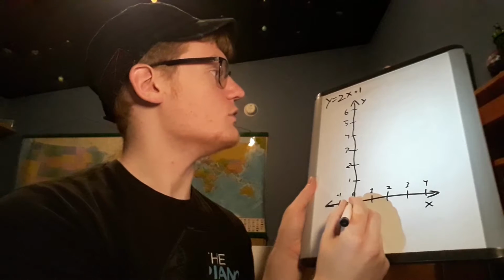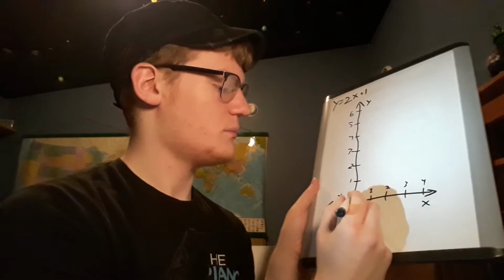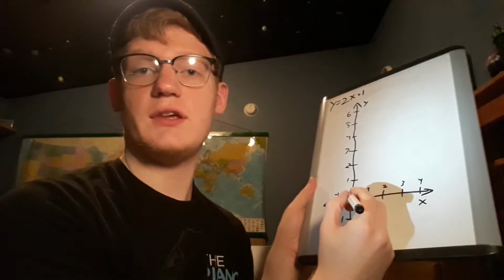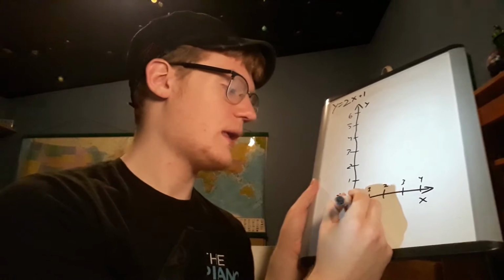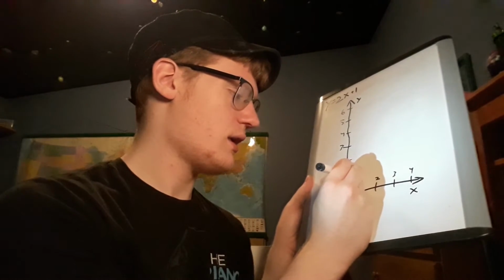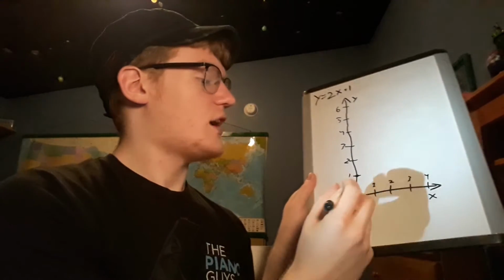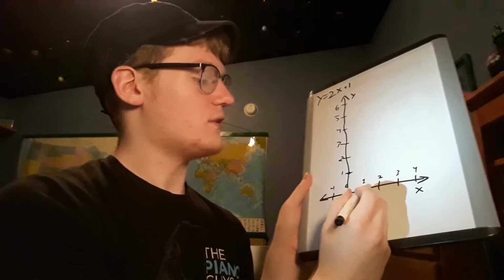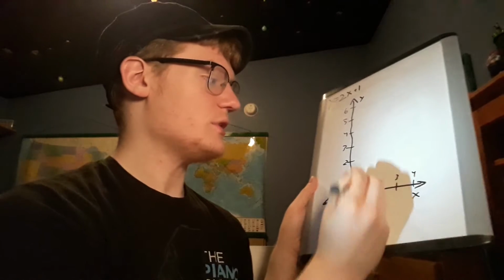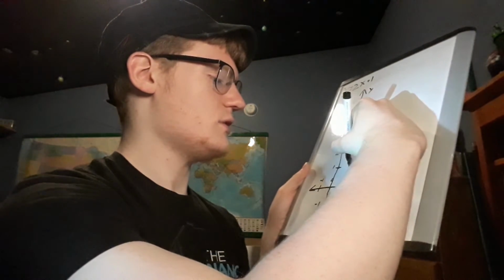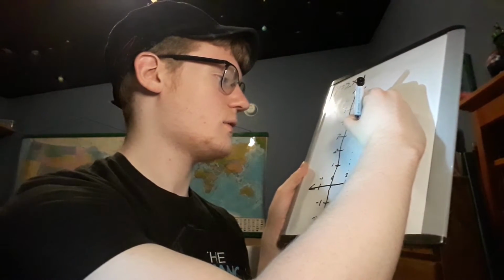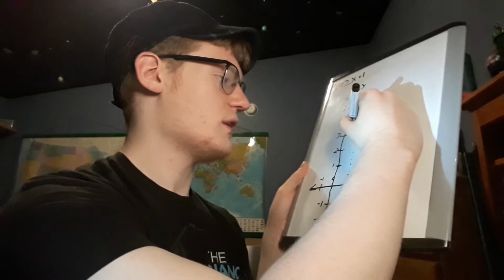Well, then y will be twice that plus 1. So 2 times 0 is still 0. And then add 1, and get a point right there. If x is 1, then 2 times 1 plus 1 would give us 3. So we bring that up here, bring that over.